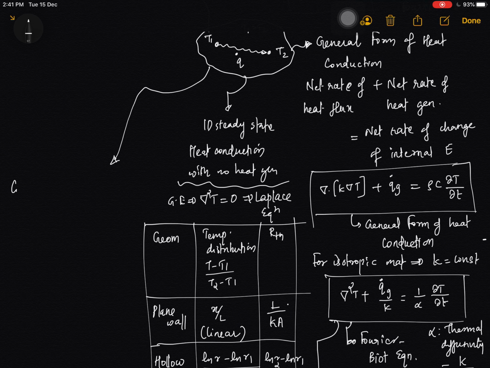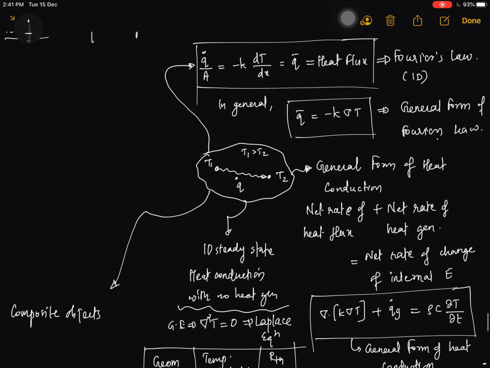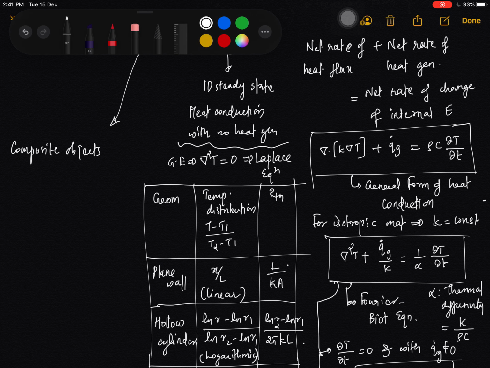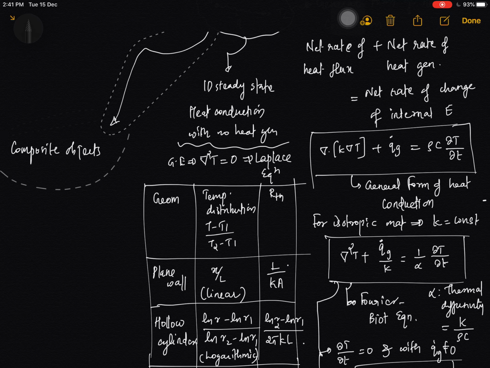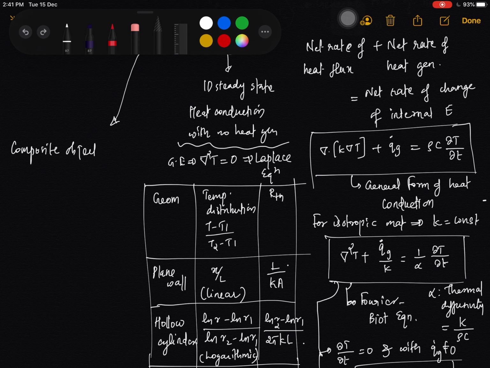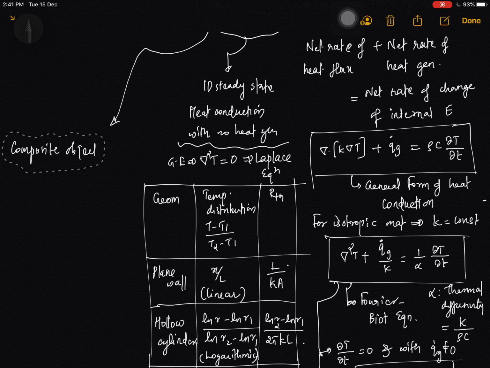Next in heat conduction we dealt with composite objects.